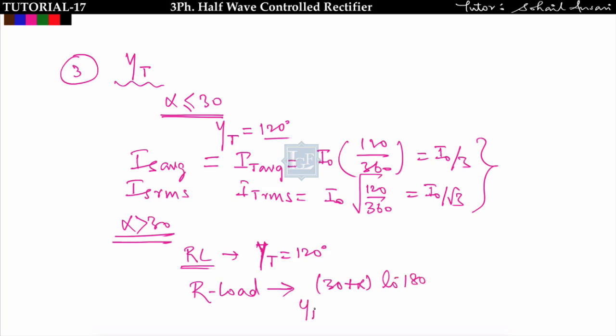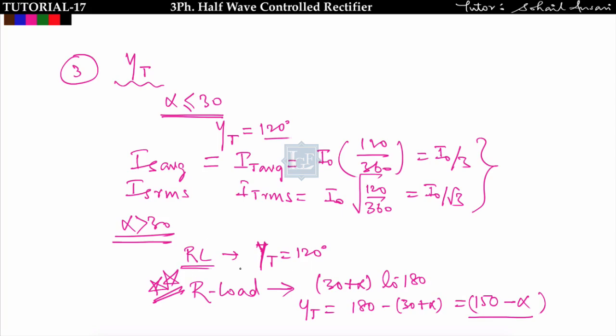So the conduction angle of thyristor will come out to be 180 minus 30 plus alpha, that is equal to 150 minus alpha. Remember this point. For R load, the conduction angle will decrease. It will not be equal to 120 degree.